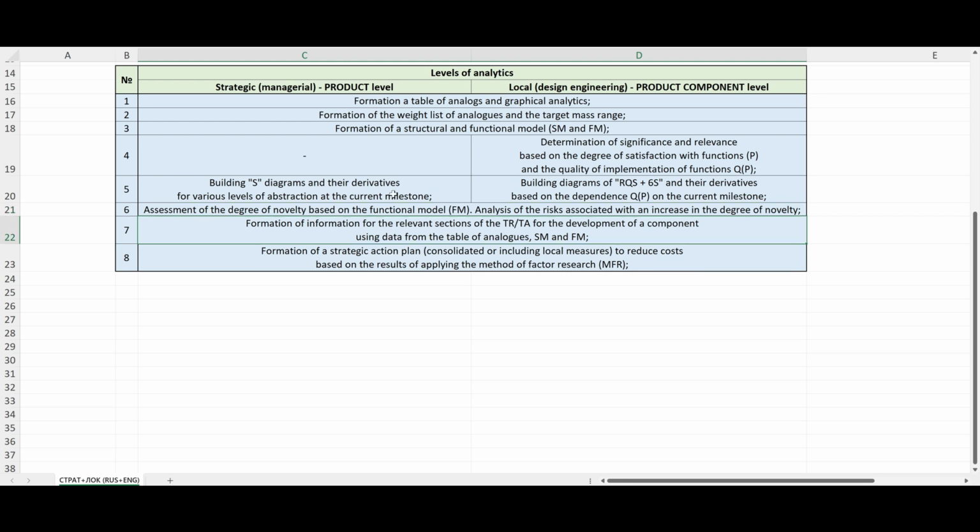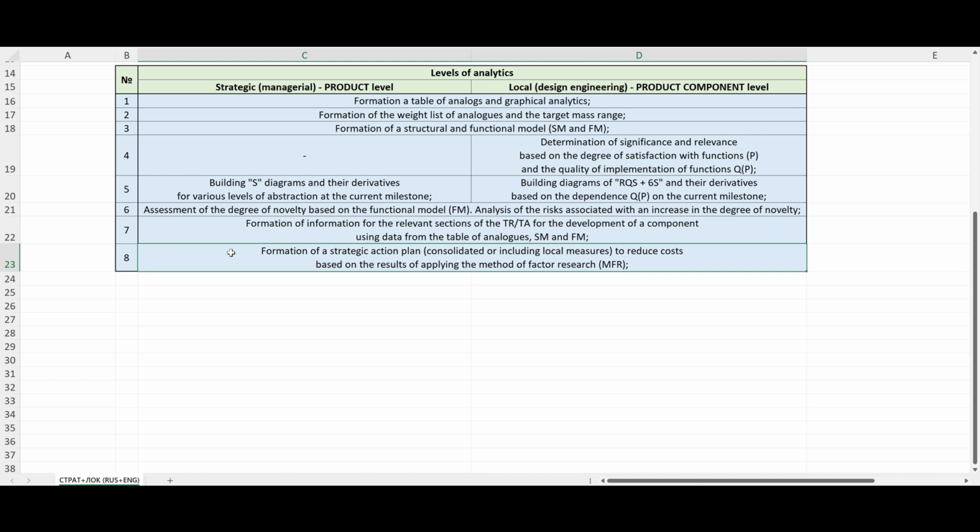Formation of information for the relevant section of the technical requirements, technical assignment for product development using data from the table of analytics and the structural functional model, including the section technical and economic requirements, only for products as a whole, as well as the components and assemblies for which the technical requirements is formed. 7. Formation of a strategic action plan, consolidated or including local measures to reduce cost based on the results of applying the method of factor research or MFR.